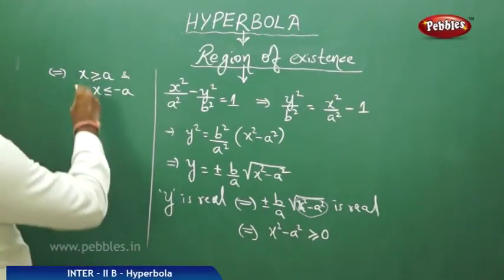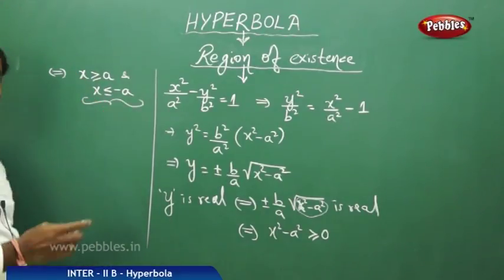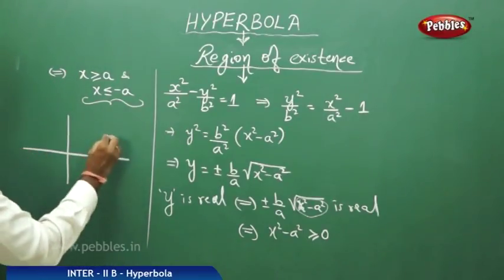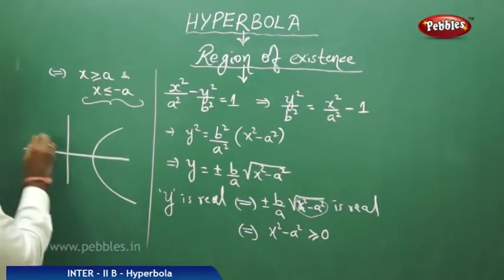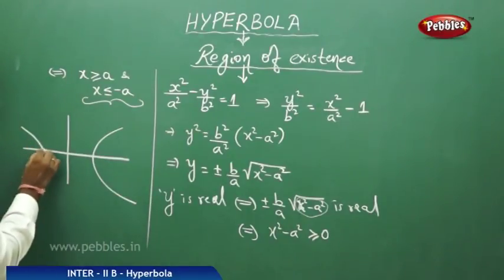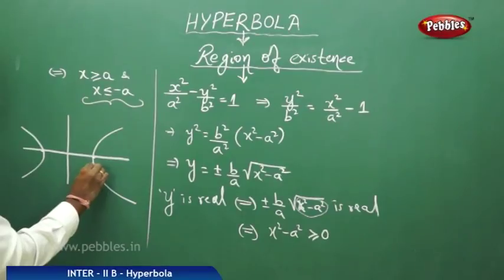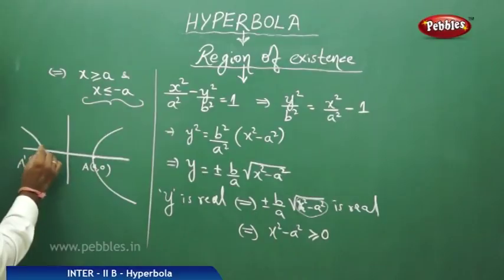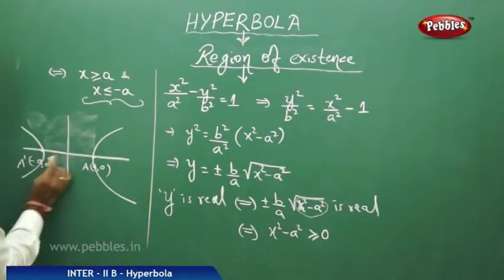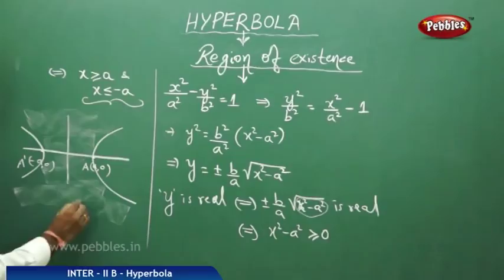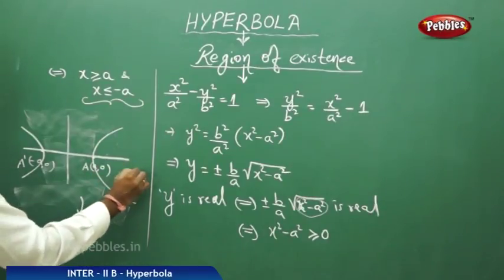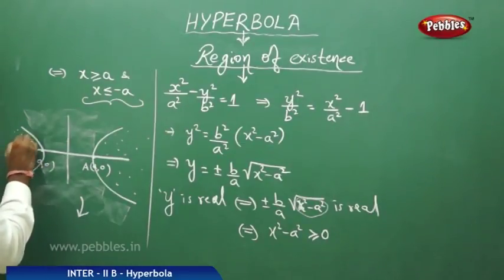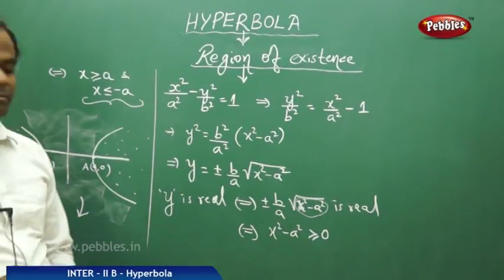And this is the region where the hyperbola exists. That is, if I take the hyperbola, I always have the hyperbola in the region where x is beyond (a, 0) and (minus a, 0), the points A dash and A. So the hyperbola does not exist in this region, but it exists in this region. This is how we identify the existence of the hyperbola.